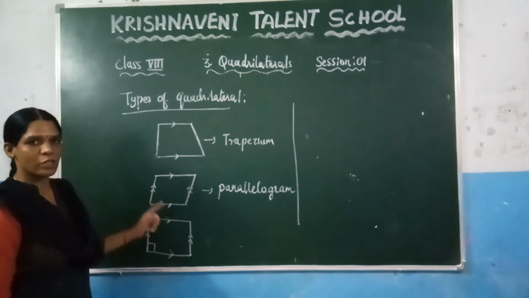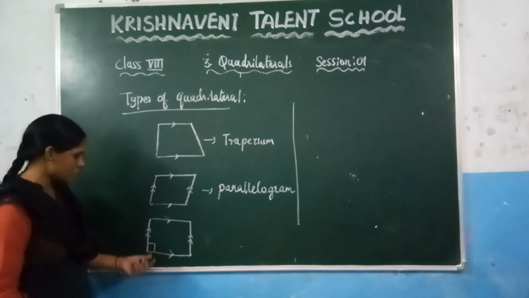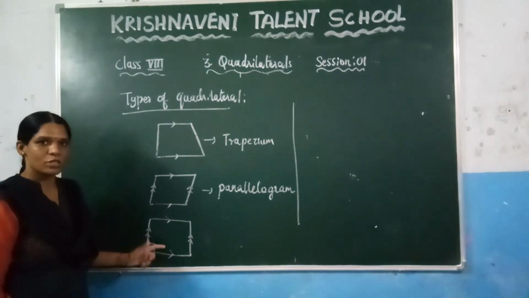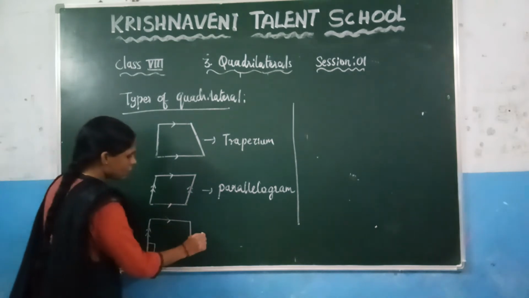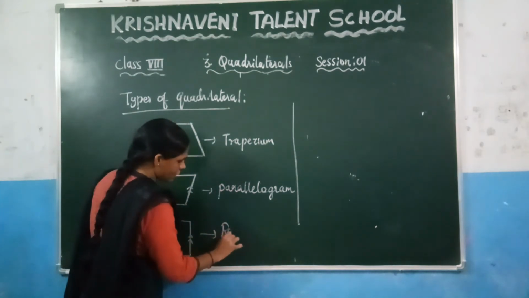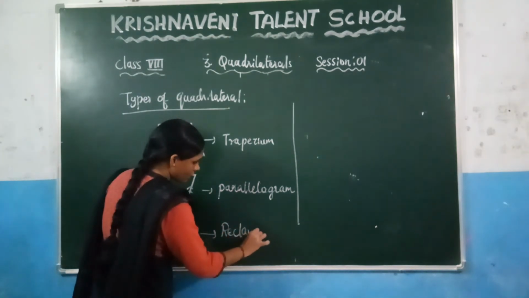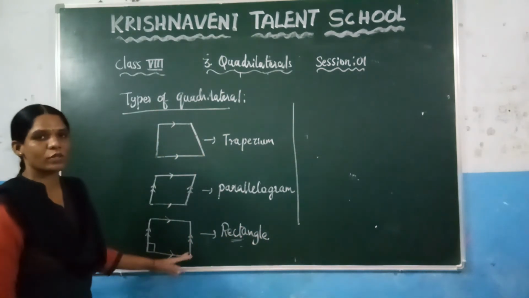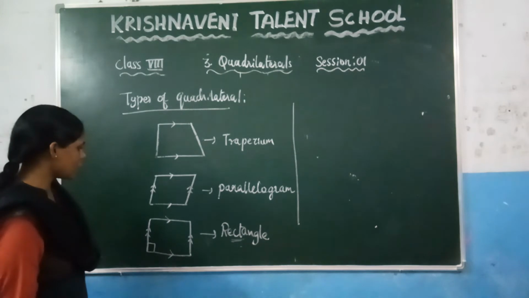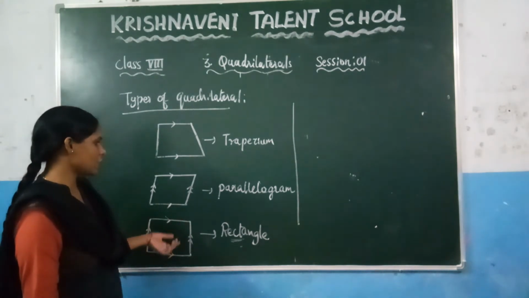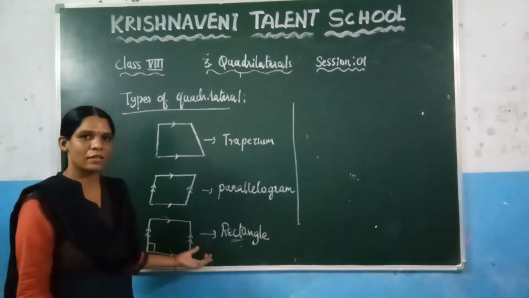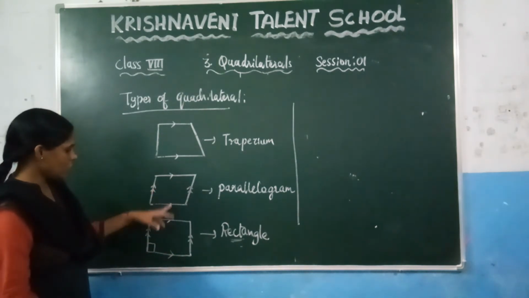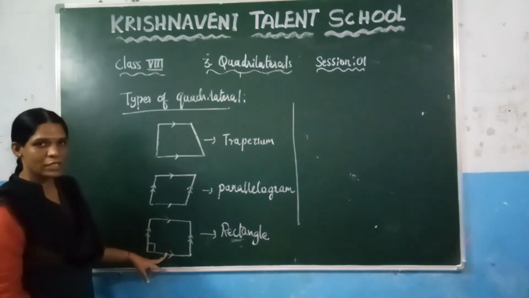But here there is one more condition satisfied, which is that one angle you can observe here is 90. So in this case it has a special name, we call it a rectangle. The meaning of rect is nothing but right. Right angle, we call it a rectangle. So what is a rectangle? That means you can say that every rectangle is a parallelogram, because here you can observe two sides are parallel, here also two sides are parallel.